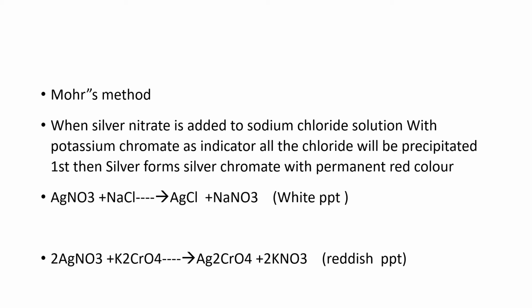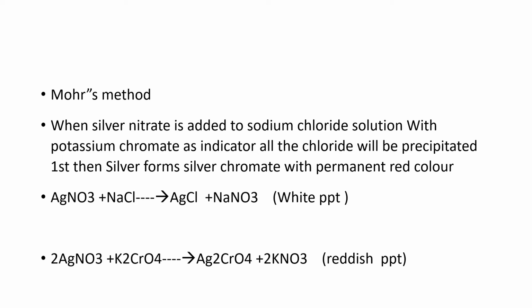Mohr's method. When silver nitrate is added to sodium chloride solution with potassium chromate as indicator, all the chlorides will be precipitated first, then silver forms silver chromate with a permanent red color.